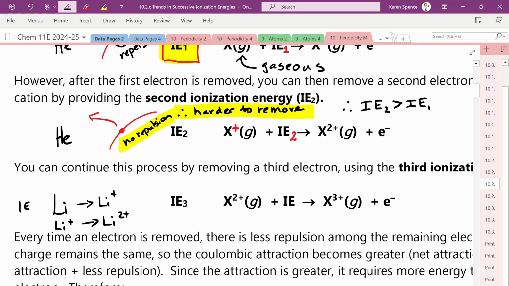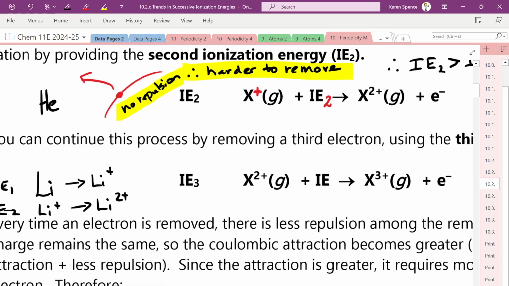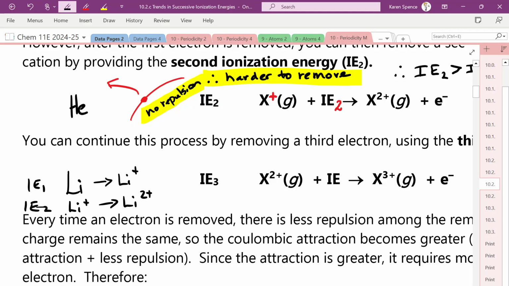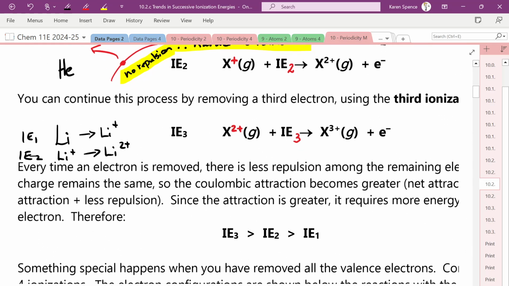This would be ionization energy 1. This would be ionization energy 2. Ionization energy 3 would be if we had Li2+ and we added ionization energy 3, and we would end up with a 3+ ion and an electron.